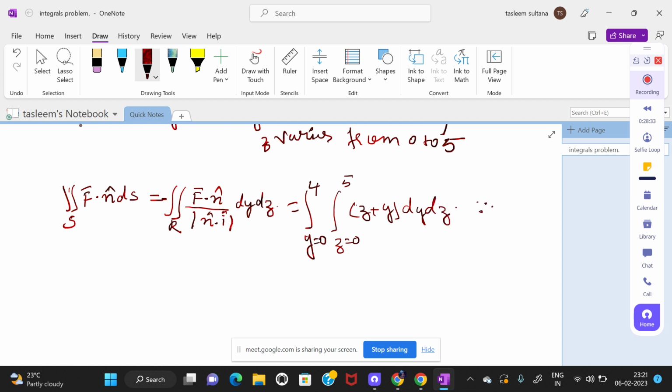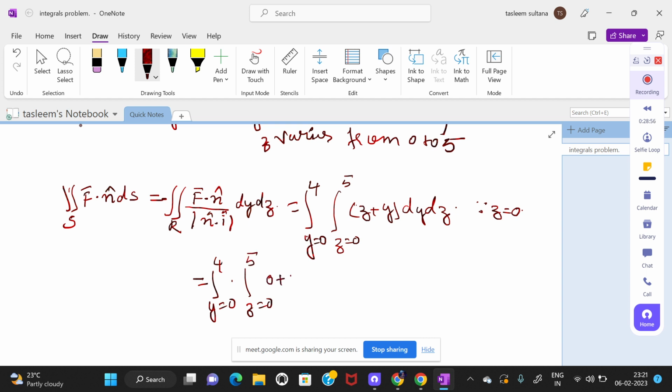Since z is equal to 0, this part will become 0. Only the y part will remain in the integration.